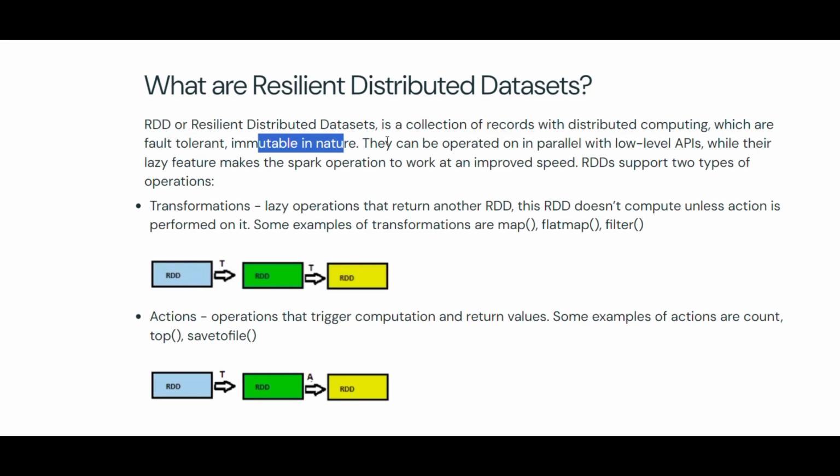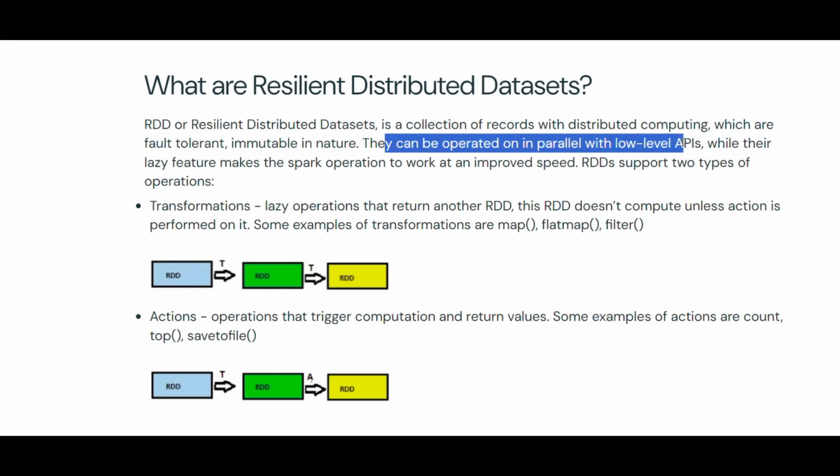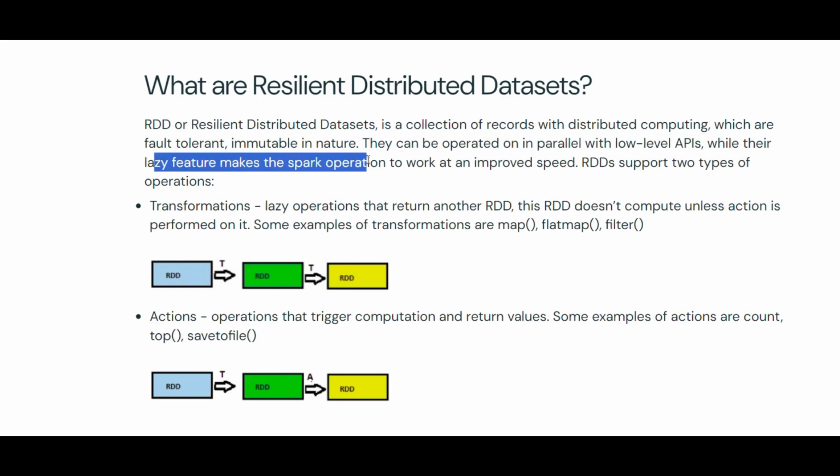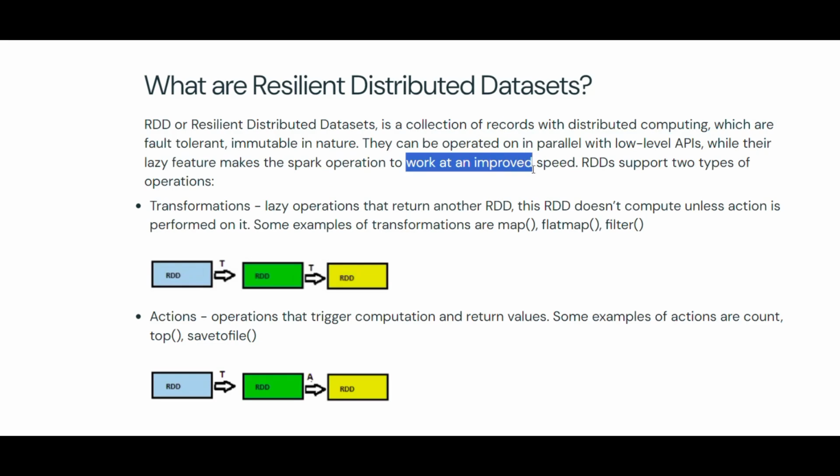They can be operated in parallel with low level APIs, while their lazy feature makes Spark operations work at an improved speed. RDDs support two kinds of operations, namely transformation and action. I'll discuss each characteristic of RDDs in detail, so let's jump into the notepad.